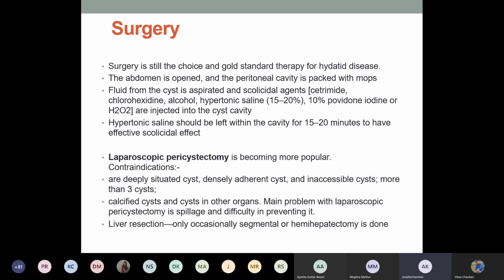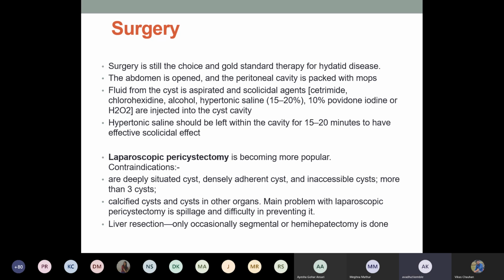Surgery is still the choice and gold standard therapy for hydatid disease. The abdomen is opened and the peritoneal cavity is packed with mops, especially black colored mops. Fluid from the cyst is aspirated. Scolicidal agent, cetrimide, chlorhexidine, alcohol, hypertonic saline, povidone iodine, hydrogen peroxide, any of which is easily available is poured into the cavity after total excision of cavity.